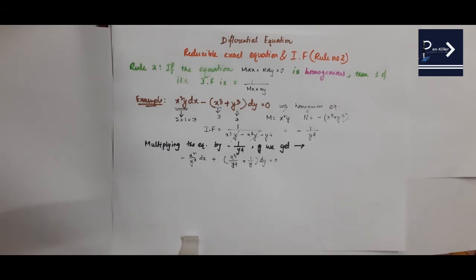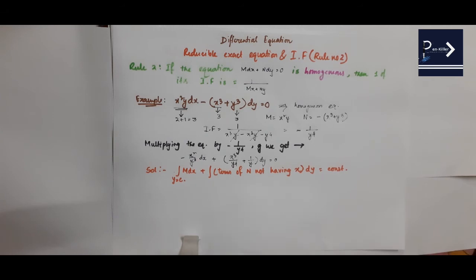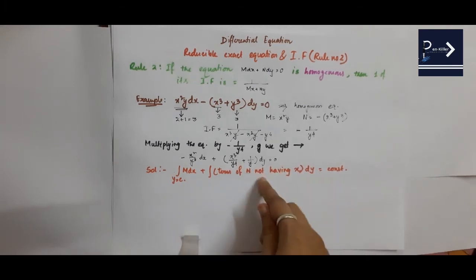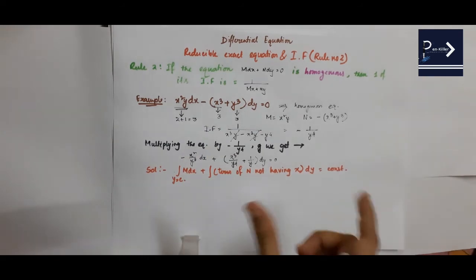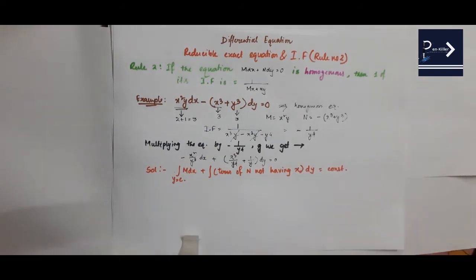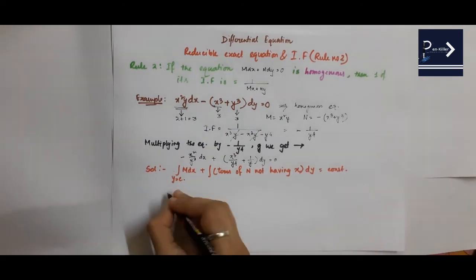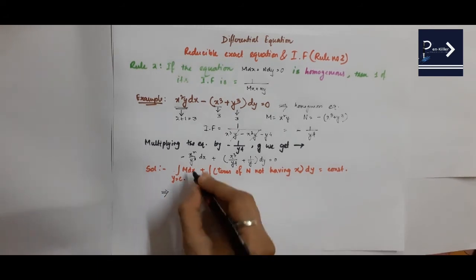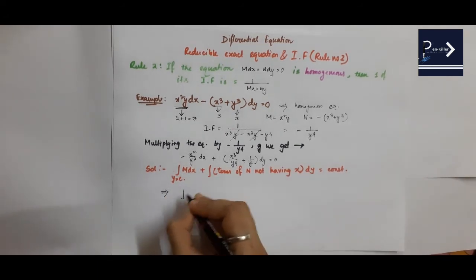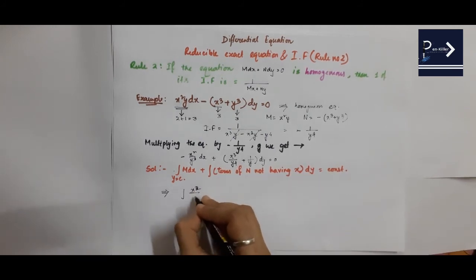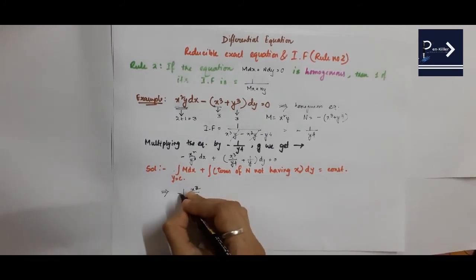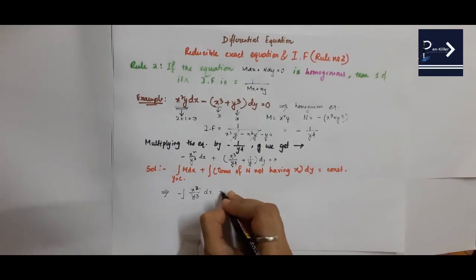So let's solve it. We know that the solution is the integration of M dx while y is constant, plus the integration of the terms of N not having x dy, equal to a constant. So y is constant, so integrating M gives minus 1 by y cube times x square dx.